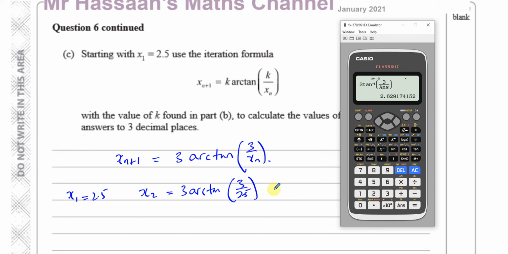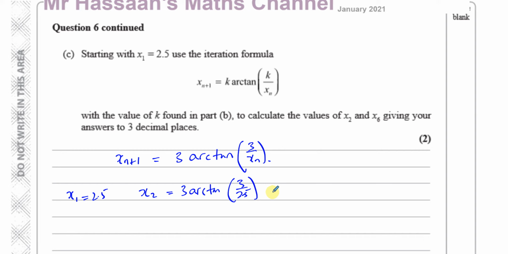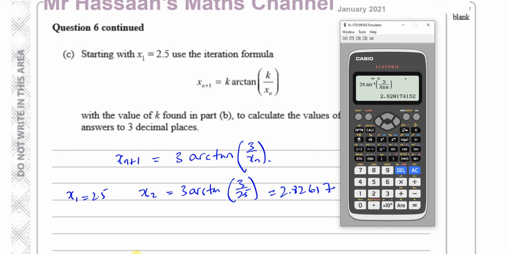And I have to write this to 3 decimal places. So this is 2.62817. Let's make sure. What I'm going to do is this. I always do this. Let me just capture screen and paste.